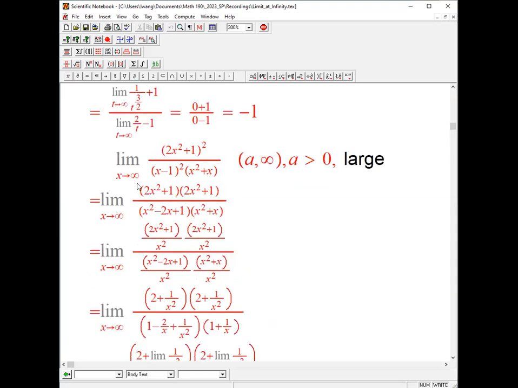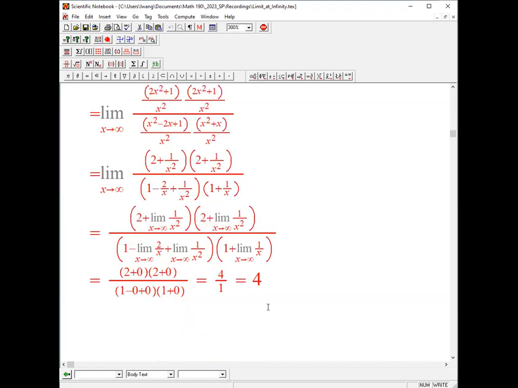We started with the expression where the top approaches infinity and the bottom approaches infinity as x approaches infinity. So infinity over infinity, the limit is what? It's 4, right? That's why you should never, ever do this.